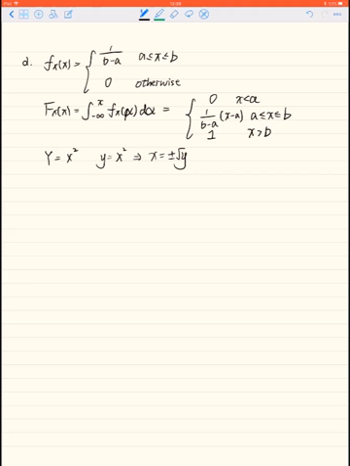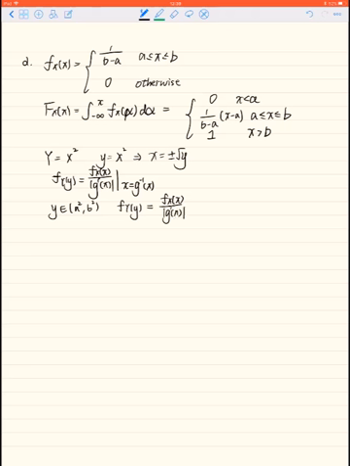And given the density function formula, f_Y(y) equals the density function of x divided by the absolute value of the derivative of g(x) at x equals g inverse, we can easily figure out that when y is ranging from a squared to b squared, the density function of y equals the density function of x divided by the absolute value of the derivative at x equals the square root of y, plus the same form when x equals minus the square root of y, and that should be 1 divided by 2 times (b minus a) times the square root of y.